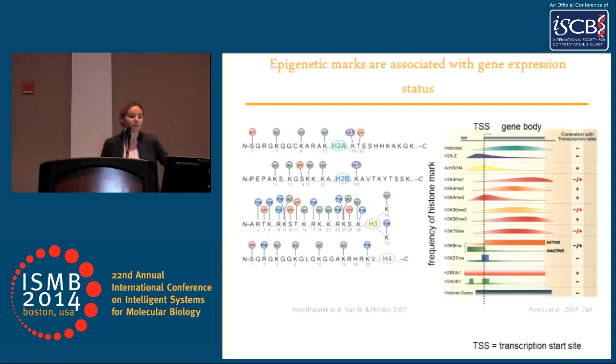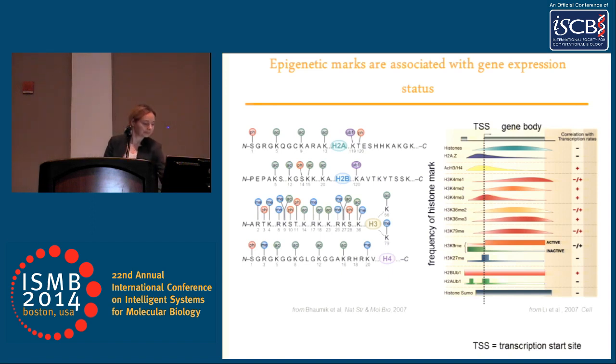So we do this ChIP-seq to detect histone modifications, and I hope you know what it is. But you know what it is, I'm sure. So you know that histones are proteins around which DNA is bound, and they have tails, and these tails can be covalently modified. And many of these modifications have direct effects on gene transcription level.